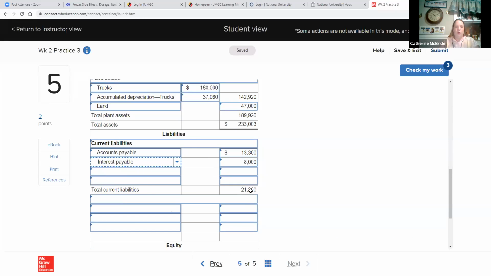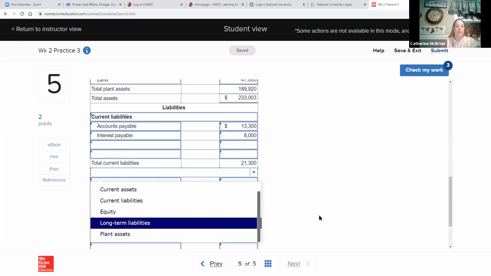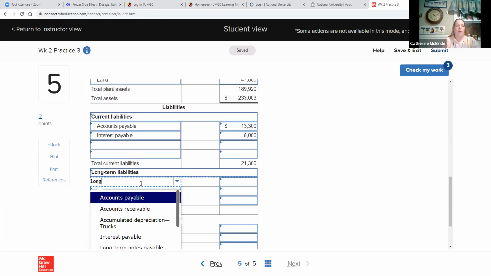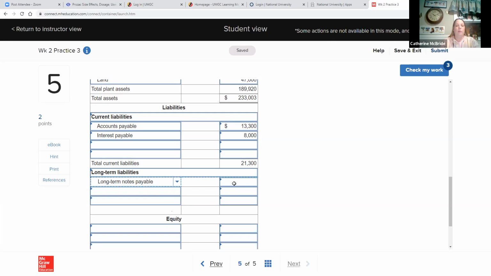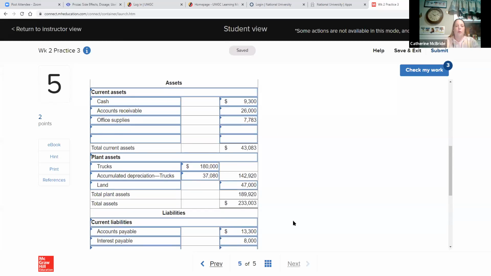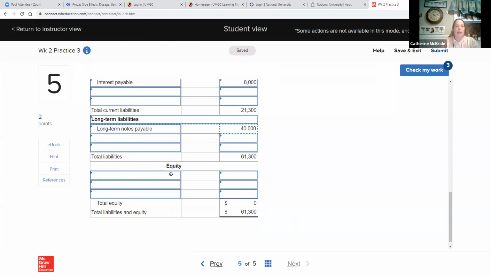So this is our total current liabilities. And now we have our non-current liabilities, long-term liabilities. So we have our long-term notes payable, which I think was 40,000. Yep. And that's our only liability. So that's going to be it for our liabilities.